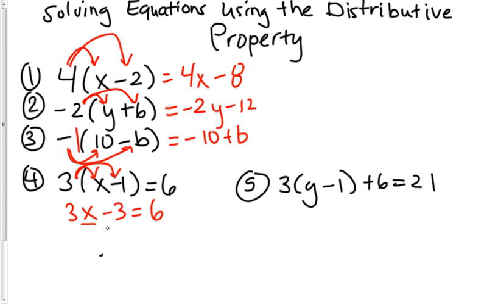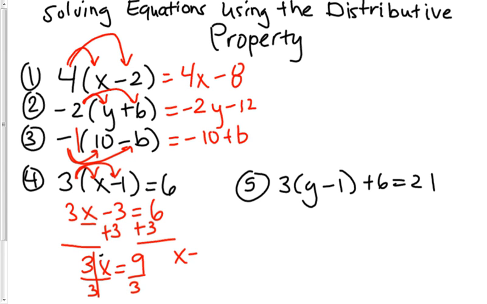So to move it, we got to add 3 to both sides of the equation, and so 3x equals 6 plus 3 is 9, and then to solve for x, 3 is being multiplied by x, so then you got to divide by 3. To simplify that down, those 3's will cancel out because 3 divided by 3 is 1. So x is equal to 9 divided by 3, which is equal to 3.